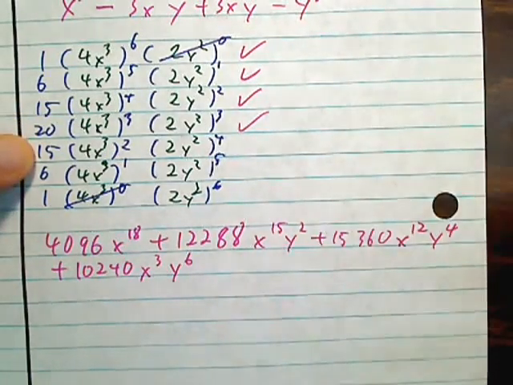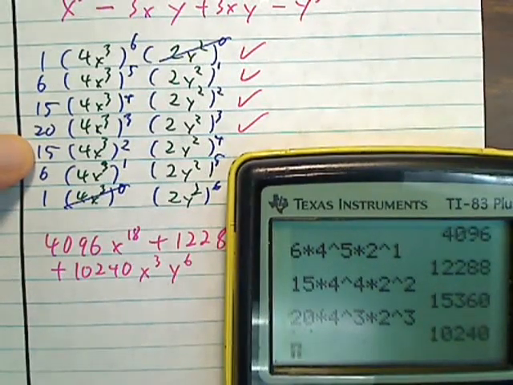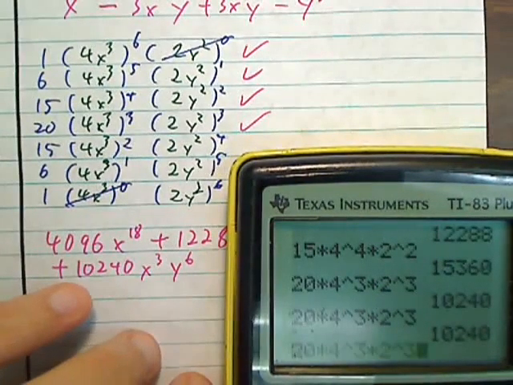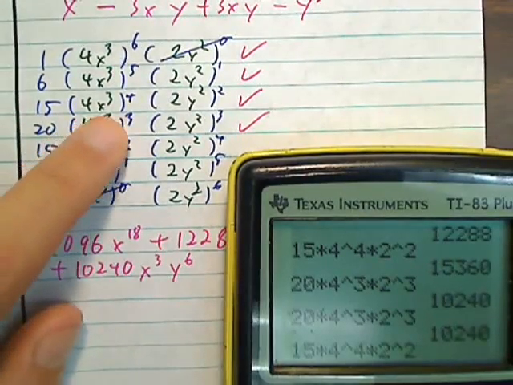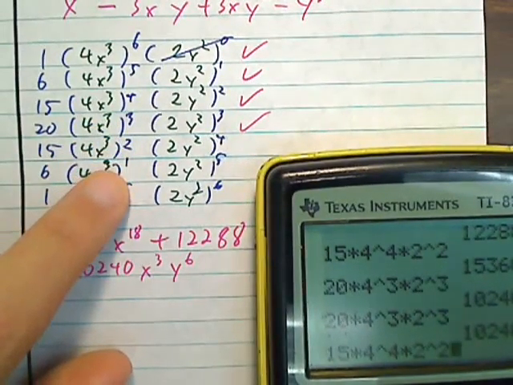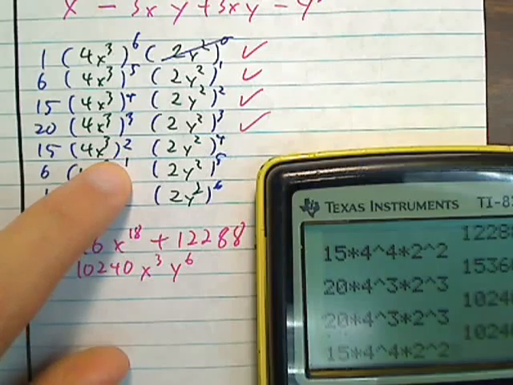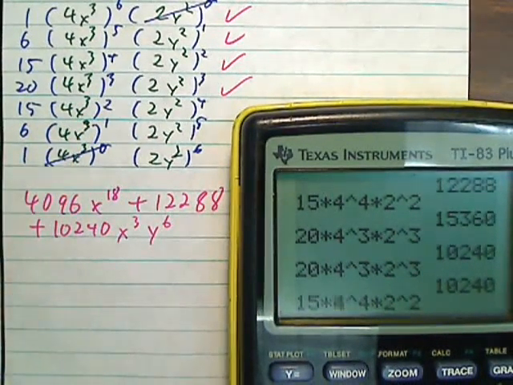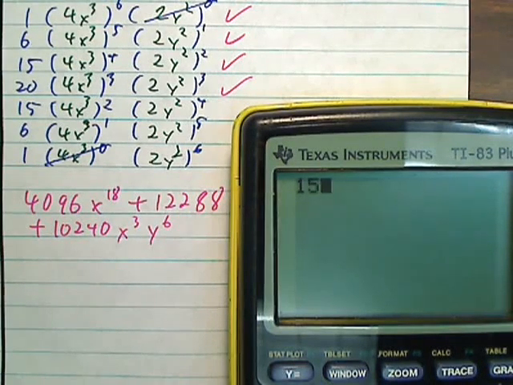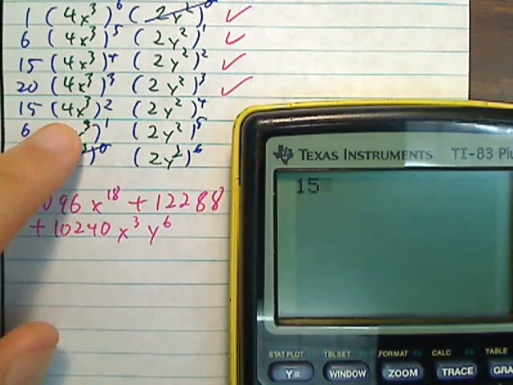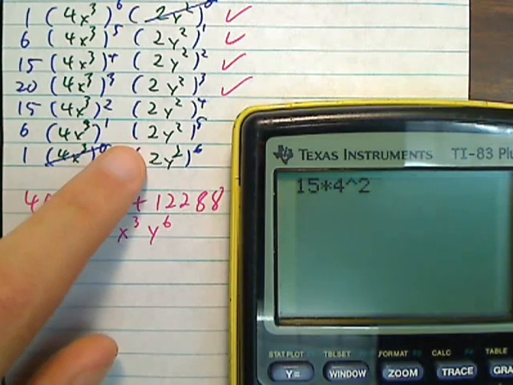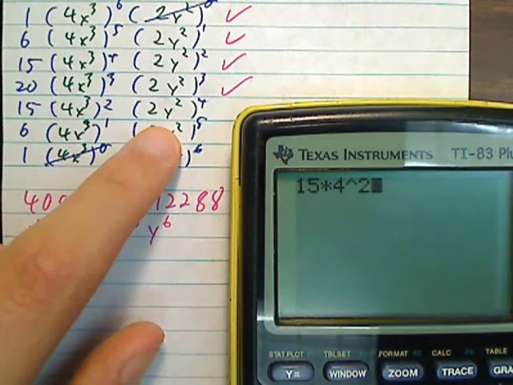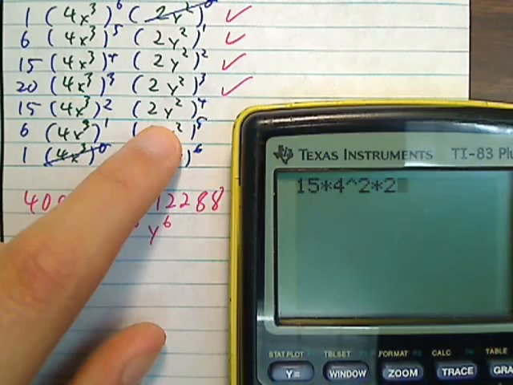Okay, the next row, 15. Whoops. 15 times 4 to the 2nd times 2 to the 4th.